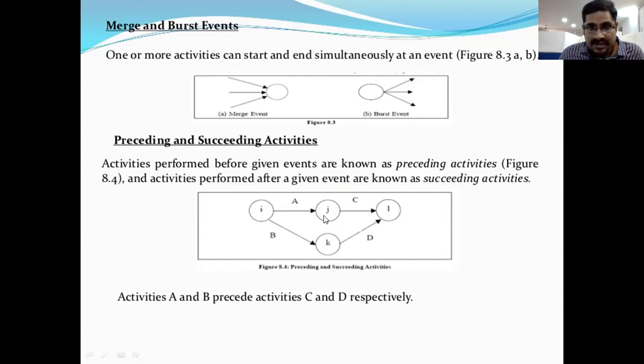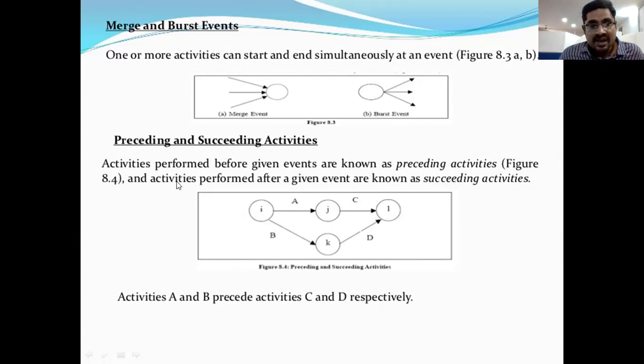Here the preceding activity is I. So to complete J, I should precede it. This I event is called the preceding activity.